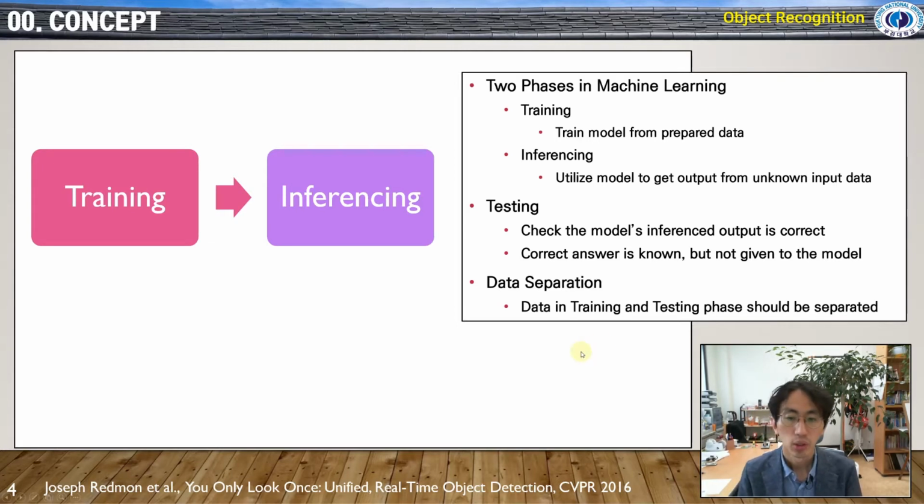Okay, and one more thing you need to know is that we need to separate the data for training and testing. Because if the data are mixed together, the testing result does not guarantee a good result.